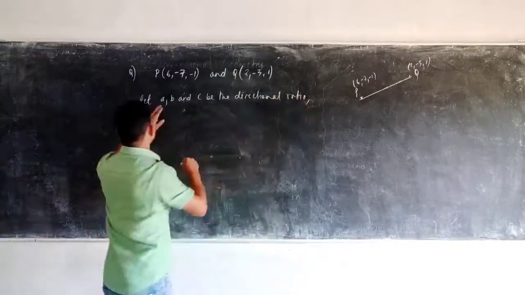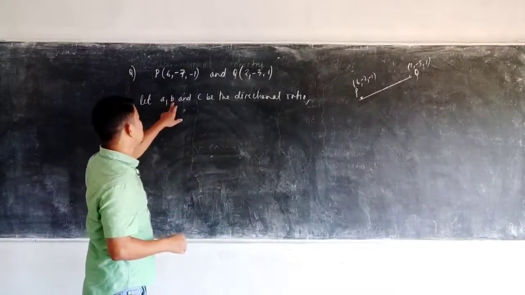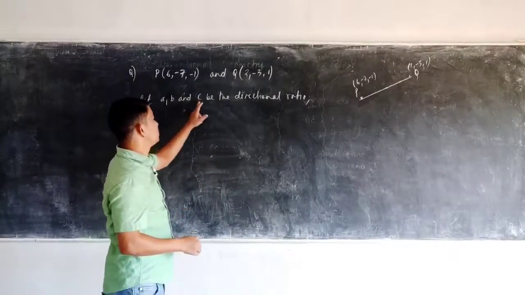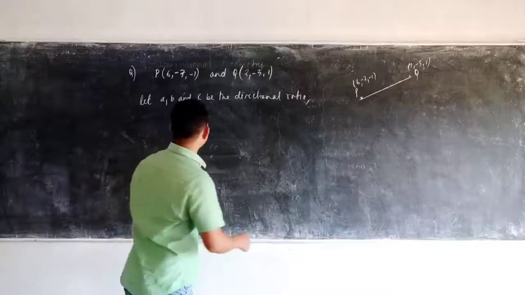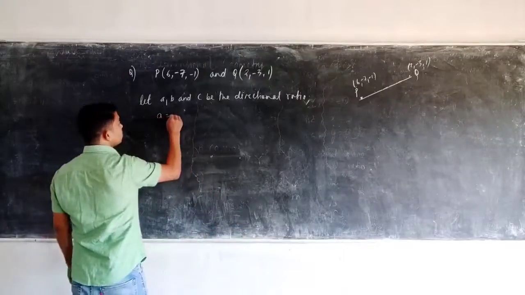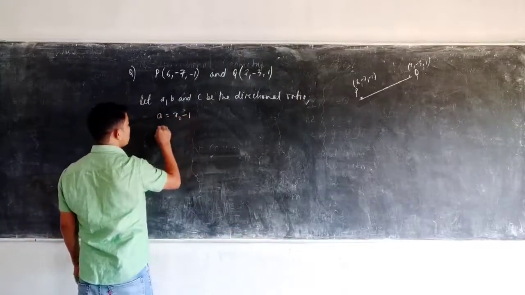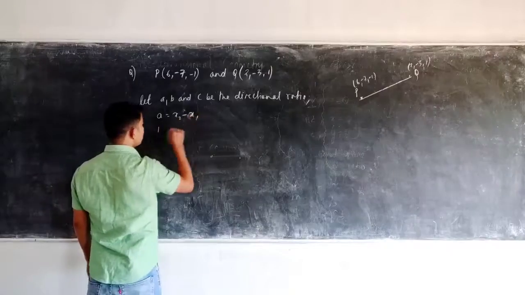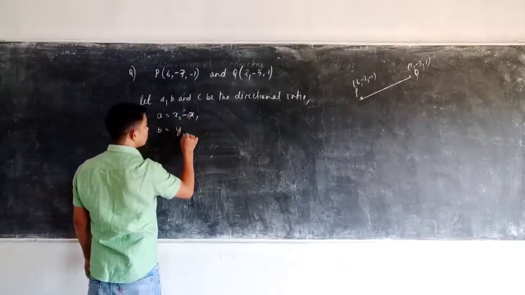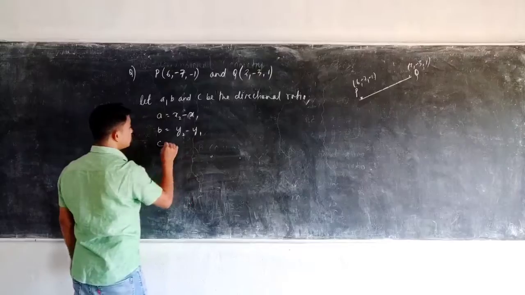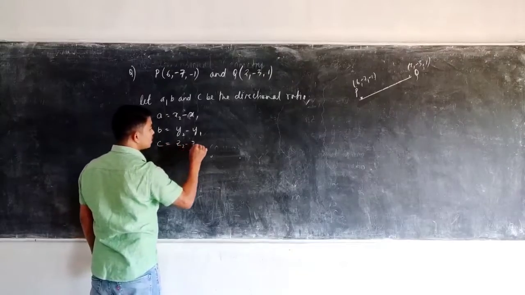A is the directional ratio of the x coordinate, B is for the y, and C is for the z. How do you find them? Very simple. A equals x2 minus x1, B equals y2 minus y1, and C equals z2 minus z1.